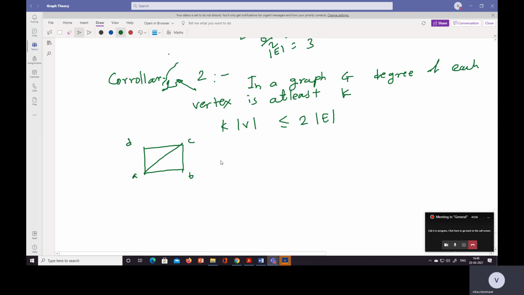Then k, okay. So here degrees are 2, 3, 2, 3. Okay, so in a graph G, degree of each vertex is at least k.